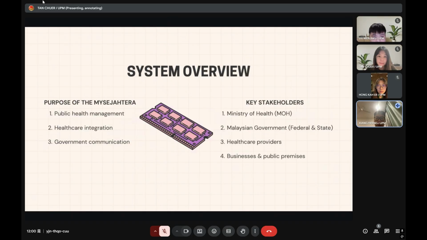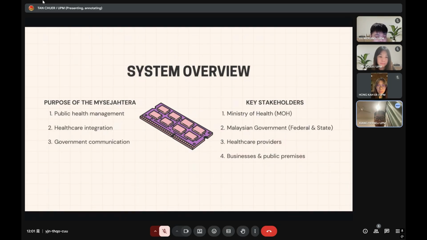Second, it supports healthcare integration, and the platform connects individuals with healthcare services such as vaccination records, health status tracking, and access to medical information, creating a more integrated healthcare system. Third, MySejahtera also functions as a government communication tool. It allows the Ministry of Health to deliver official health updates, guidelines, and alerts directly to the public in a fast and efficient way.